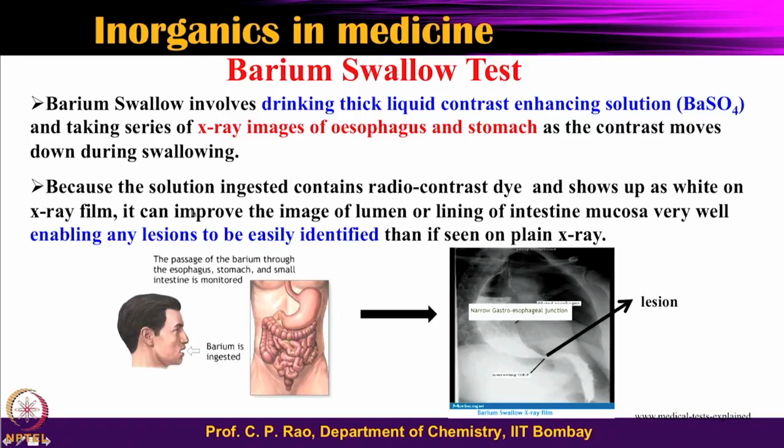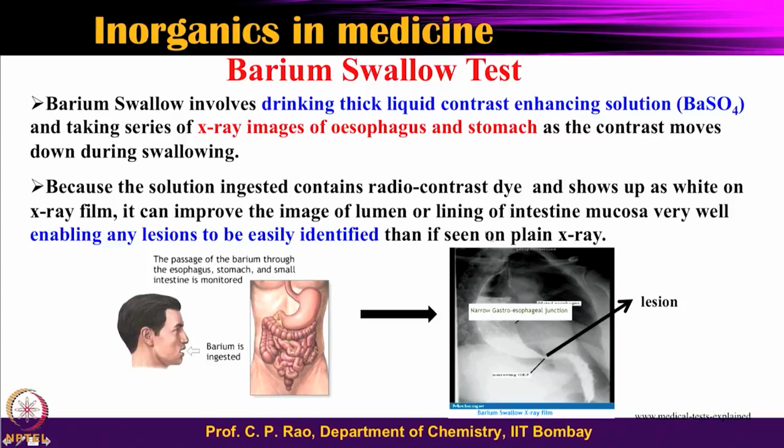The solution ingested contains a radio contrast dye and shows up as white on the X-ray film. So, you will start seeing white patches versus dark patches. It can improve the image of the lumen lining of the intestinal mucosa very well, enabling any lesions to be easily identified, compared with a plain X-ray.